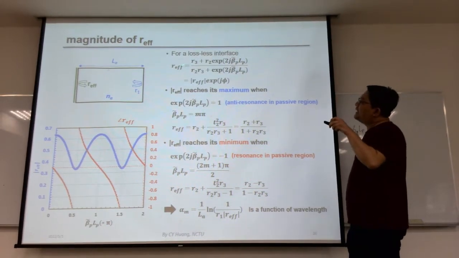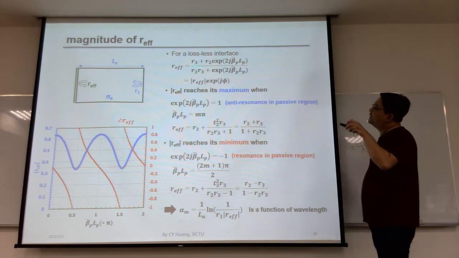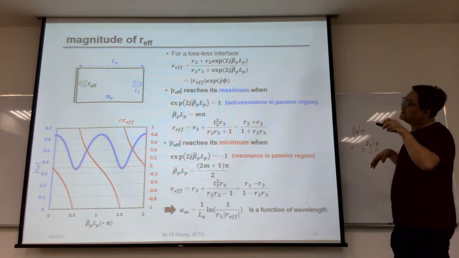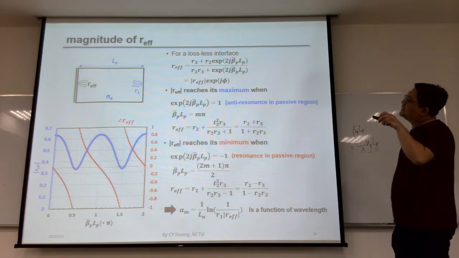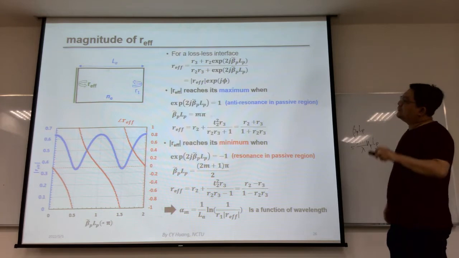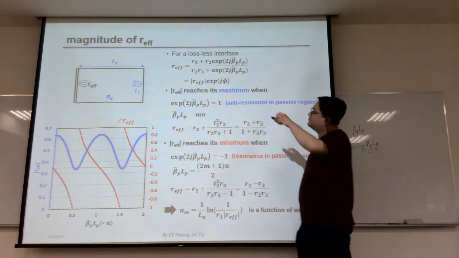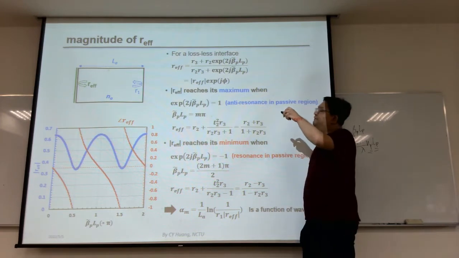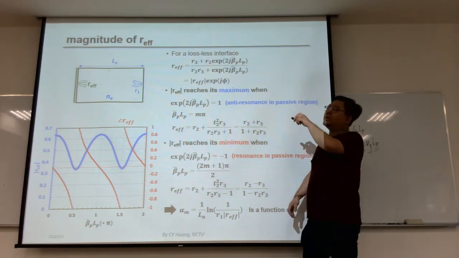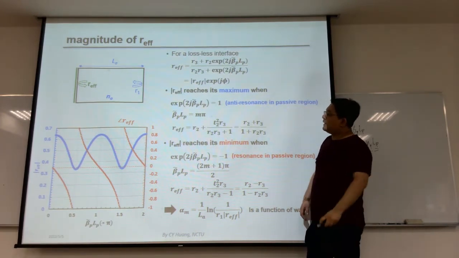So for the lossless interface, we can write simply that R_eff will be R3 plus R2 exponential 2j beta L_p. Since this is a complex value, we can just write it down as a modulus and a phase term. Okay, we can simplify that.